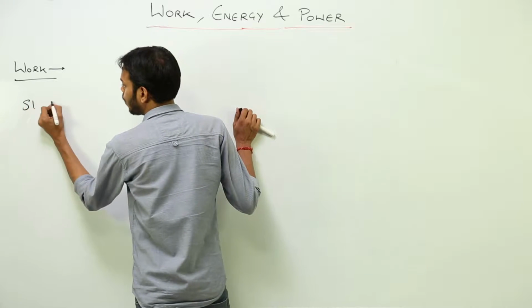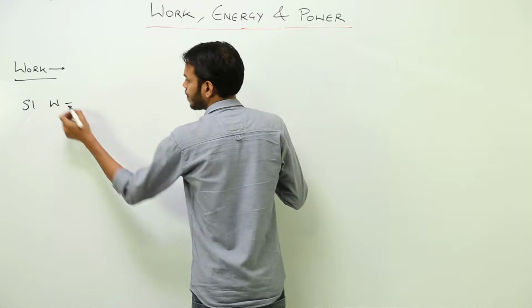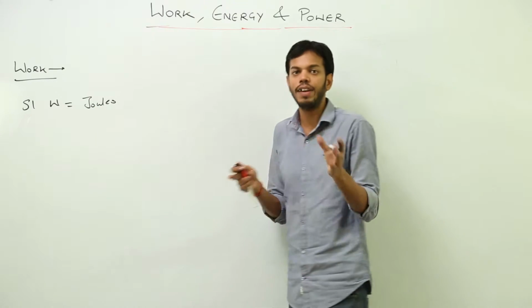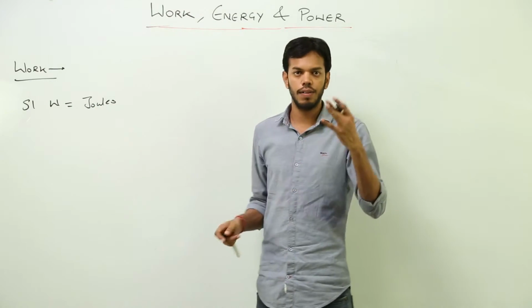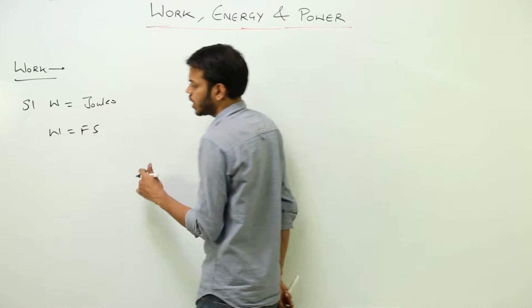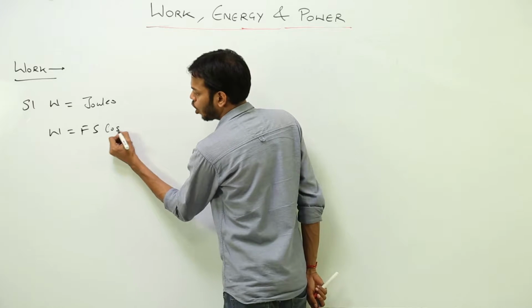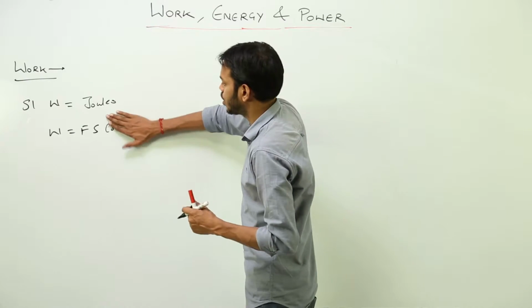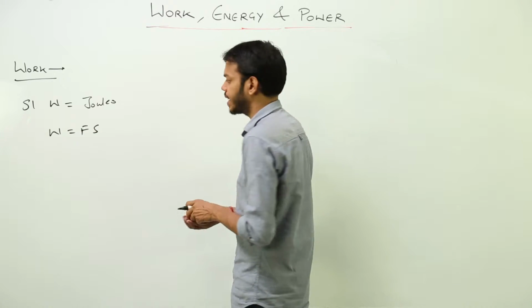So the SI unit of work is called joules, and what I left unfinished just now was that work is force into distance, generally, because even if I write the complete formula with cos theta, the trigonometric ratios are dimensionless. So I still have to go back to F and S.